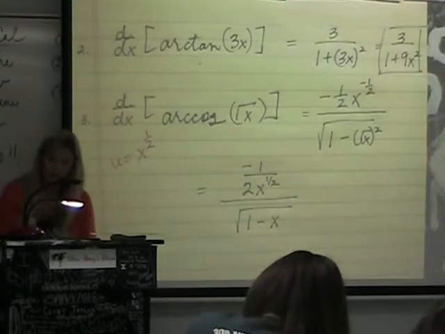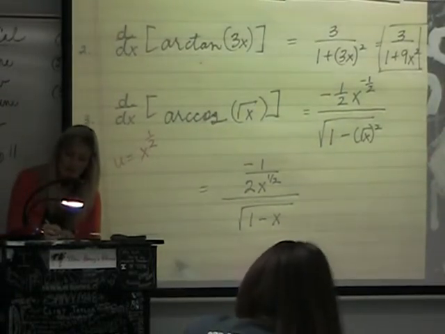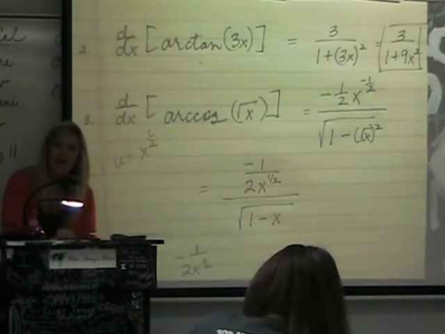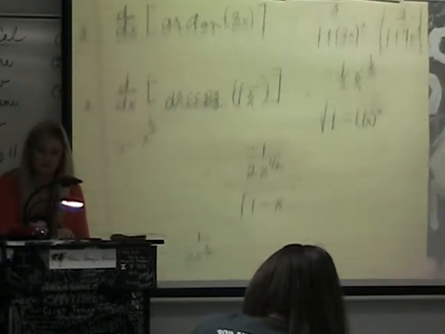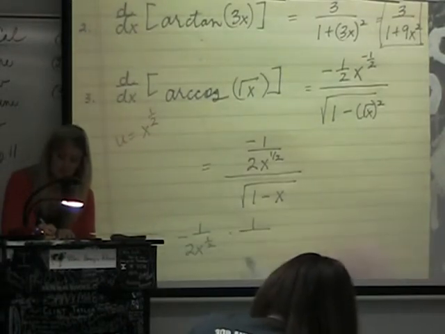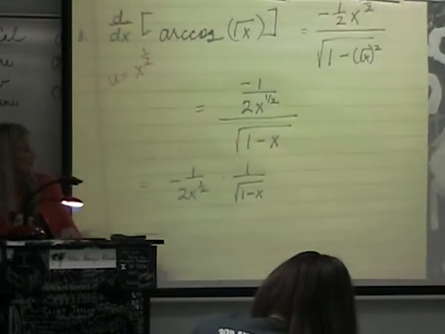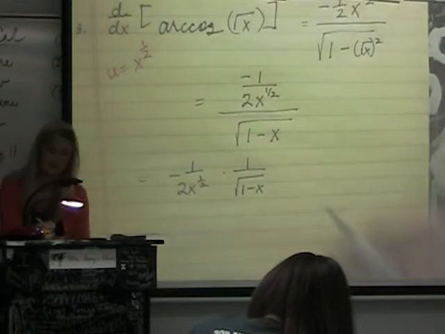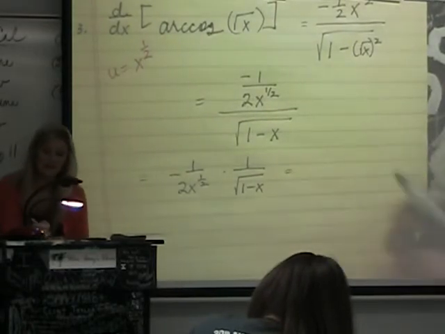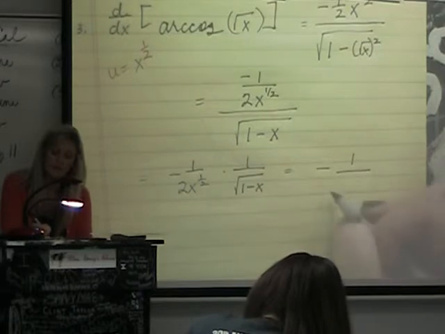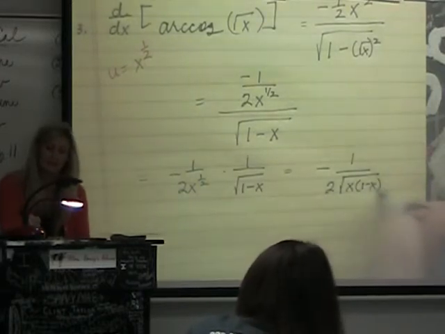So I'm going to keep going. And I'm going to say -1 over 2x to the 1/2 power times what? 1 over 1 over square root of 1 minus x. And then I'm going to say negative times a positive makes the whole thing negative. 1 over 2 times the square root of x times 1 minus x.